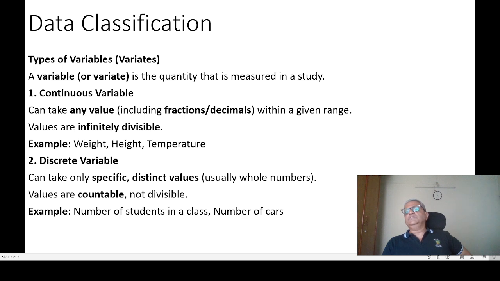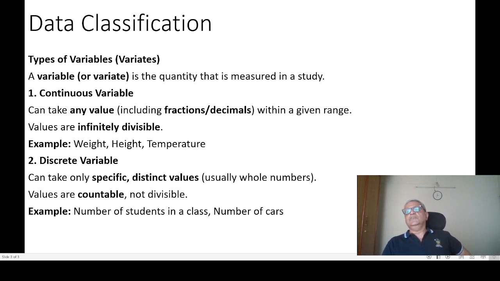And discrete variables are those variables which are whole numbers or integers, right? The values are countable, but not divisible. So examples are number of students in a class. You can't say I have 35.5 students in the class.